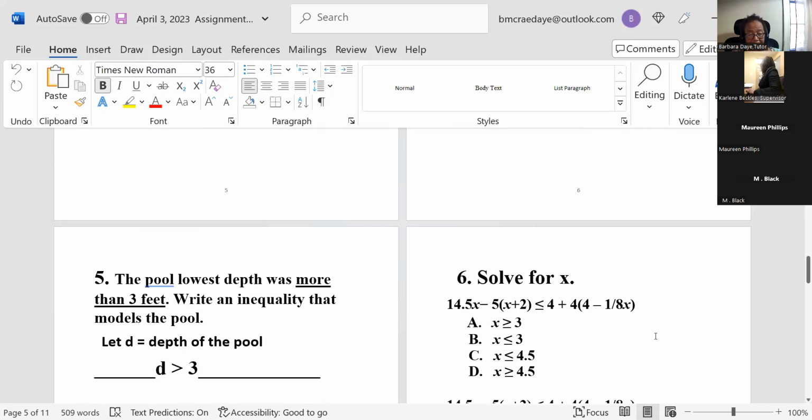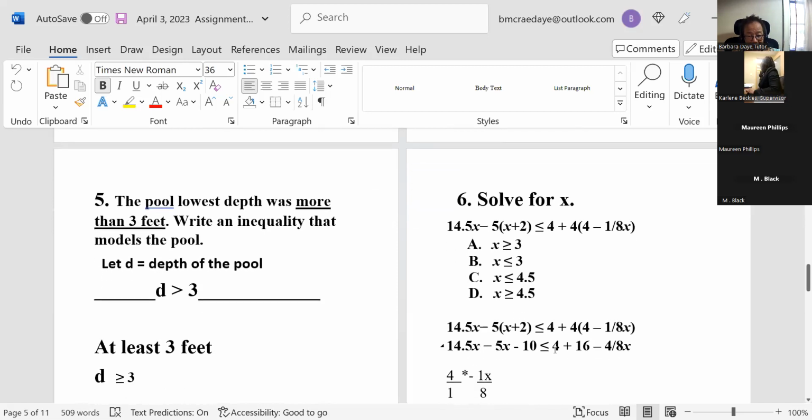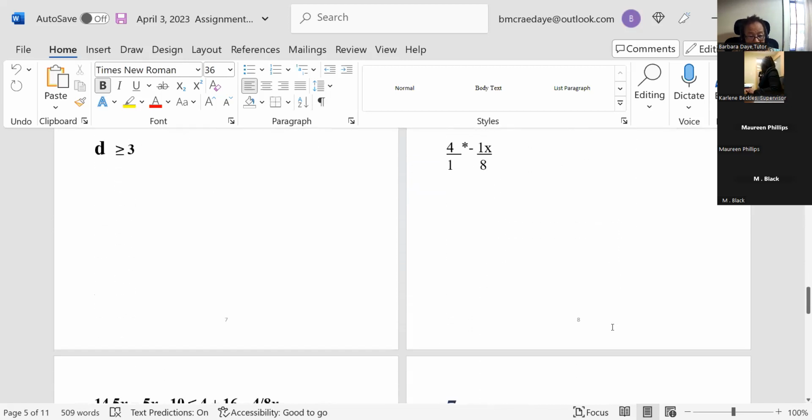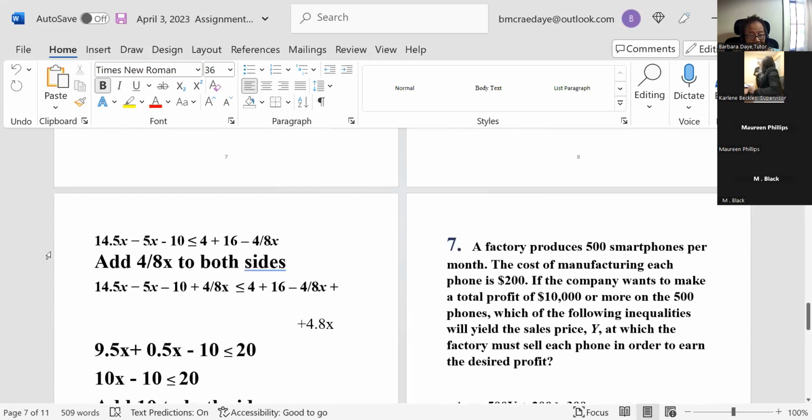So you want to do that first. That's what we did. Then once you do that, you want to combine your variables and combine your constants. Then it's just like all the other problems we work with. You got it? Yes.